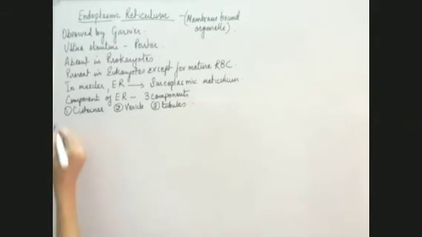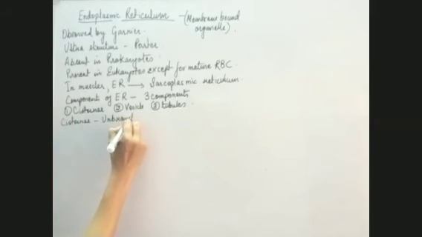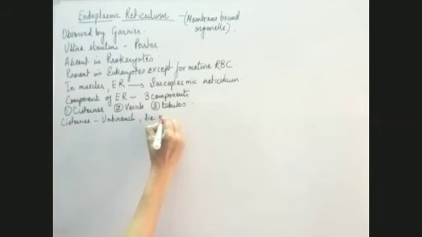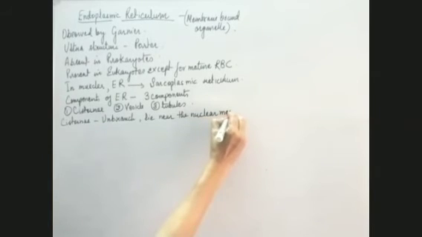Here, we will take up the first one, which is cisternae. These are unbranched and lie near the nuclear membrane.